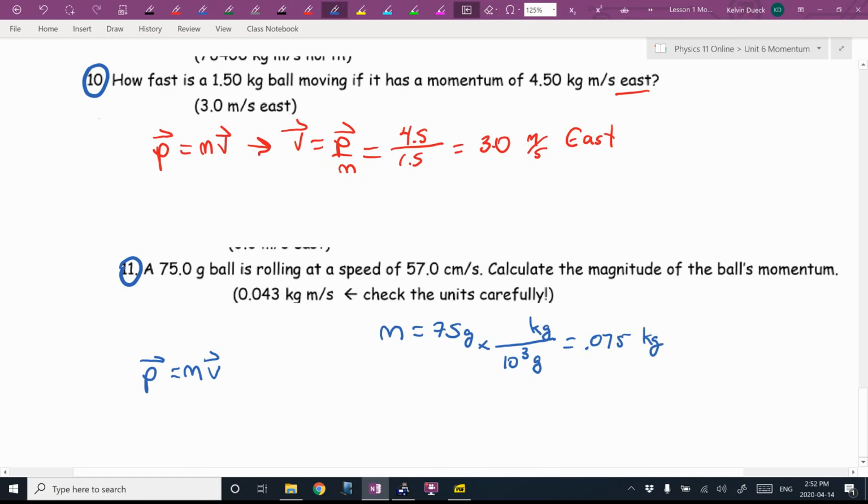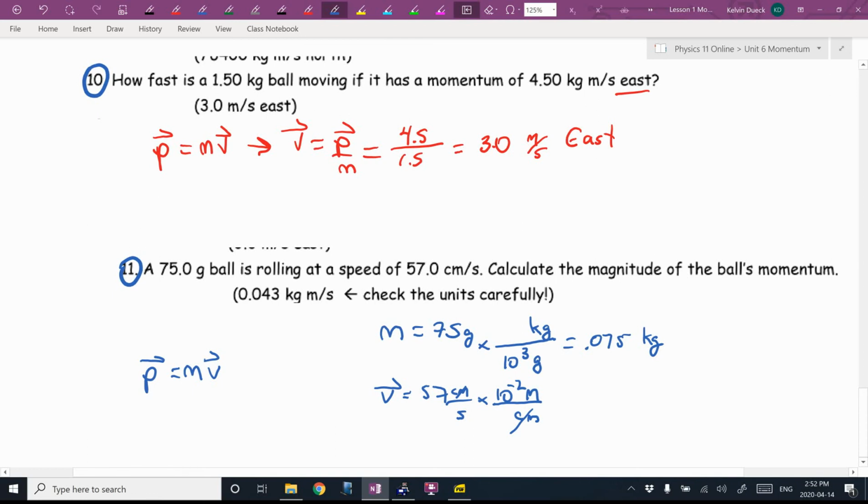This speed is in centimeters per second. I want meters per second. So I want centimeters to cancel, I want meters to be left behind. So centimeters is going to go on the bottom, so it cancels out the other centimeters. Meters is on the top. My units cancel. Oh, but centi is 10 to the negative 2.